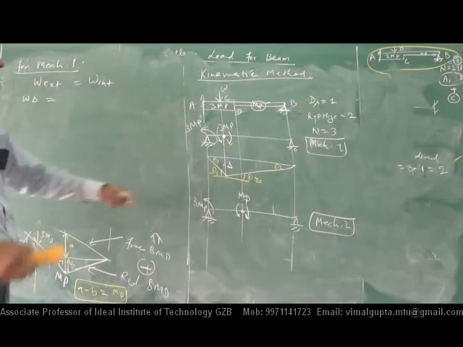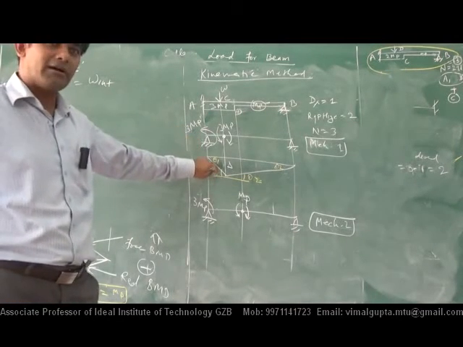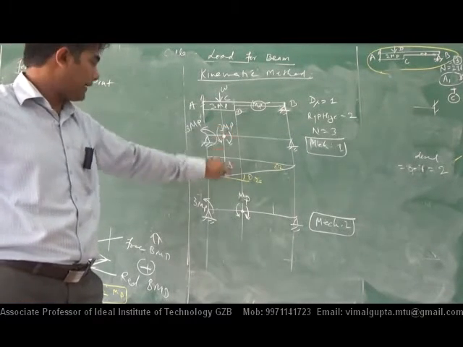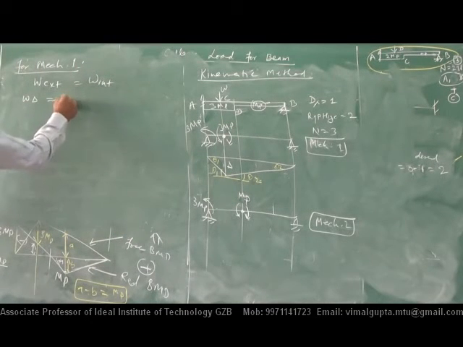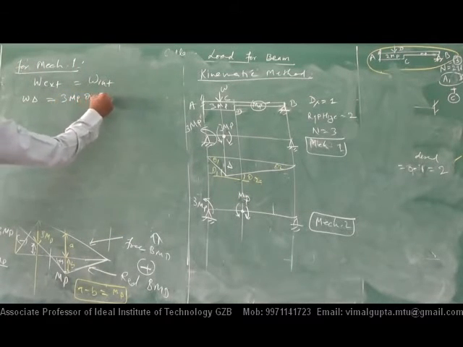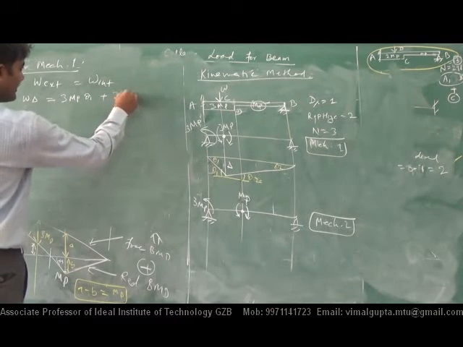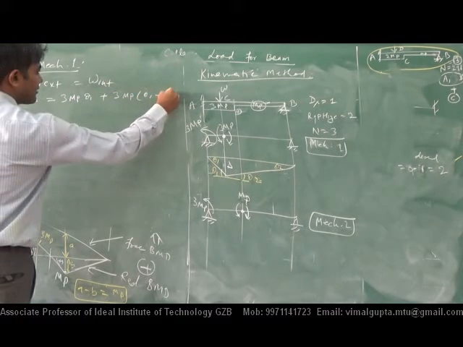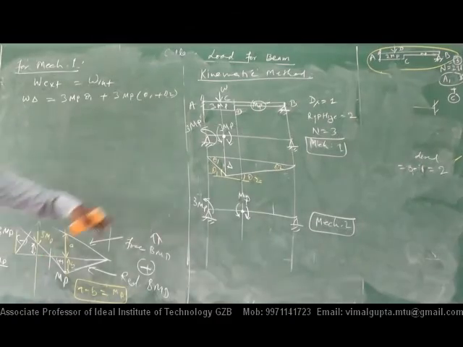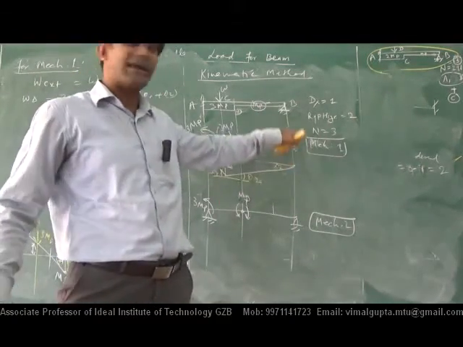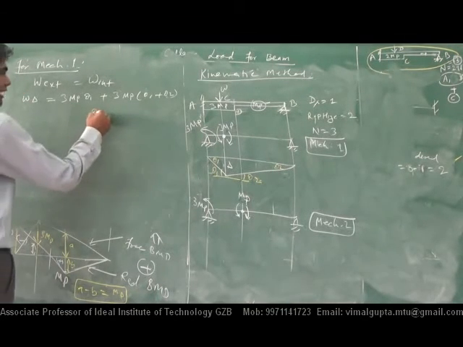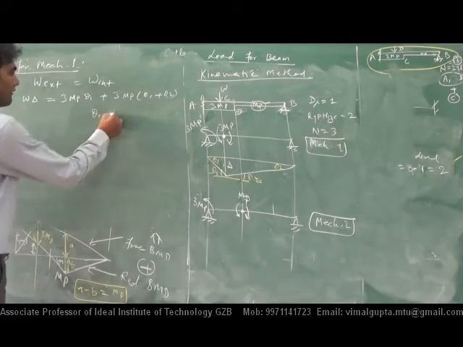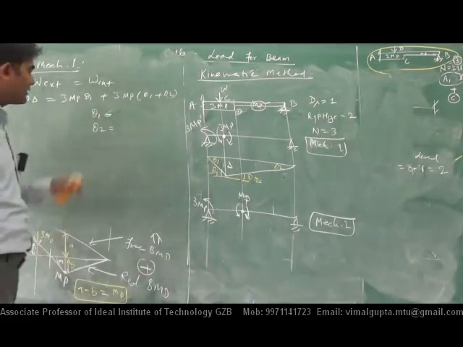So what will be that? 3 MP into theta 1 plus 3 MP into theta 1 plus theta 2. We will not consider the rotation at point B because we do not have a plastic hinge at that point. Now we know the value of theta 1 and the value of theta 2.